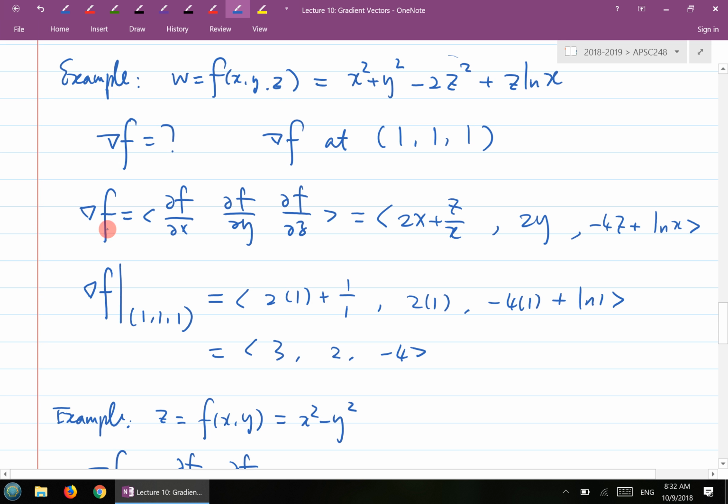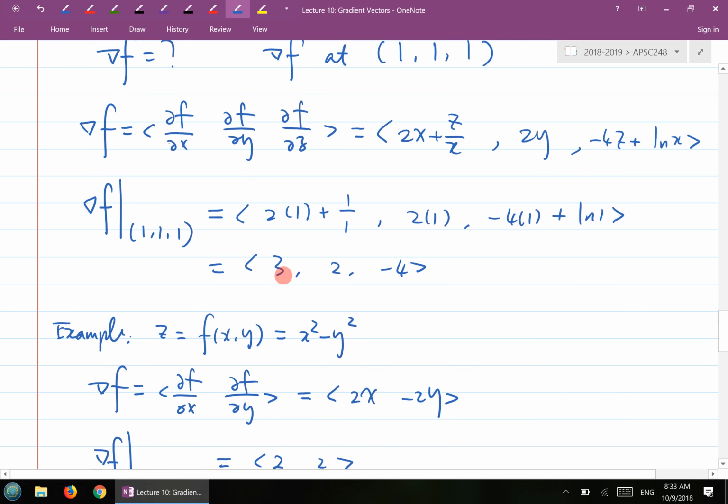Then we calculate the gradient vector. Tell me, what's the gradient vector here? 1, 2, 3. It's a vector in 3D space, right? That's because this is a function of how many variables? It's 3 variables. So you end up with a vector pointing in some direction in 3D.